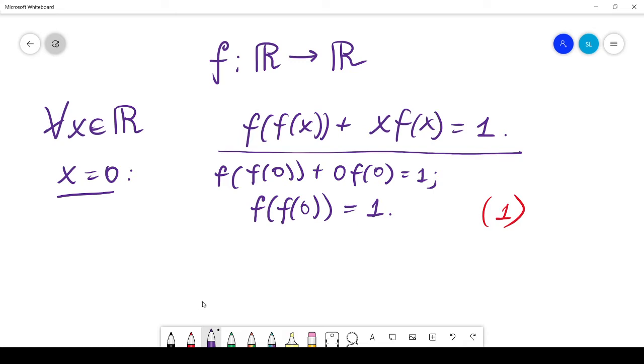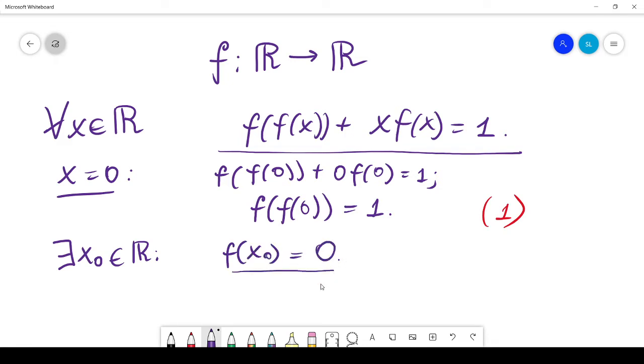Maybe this did not help us actually. I don't know, what can we do? Alright, I know what we can do. Let's assume that there exists such x0, which is a real number, such that f of x0 is equal to 0.